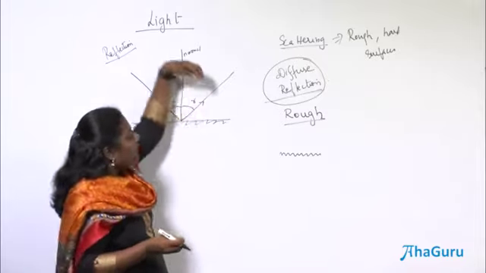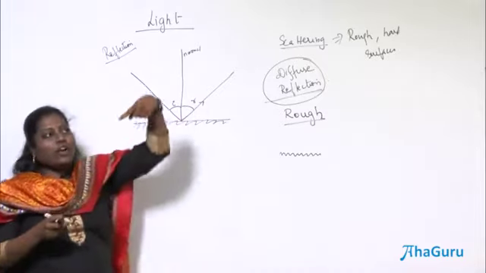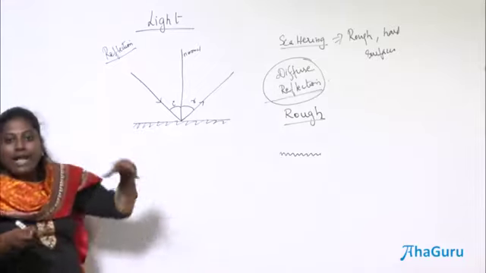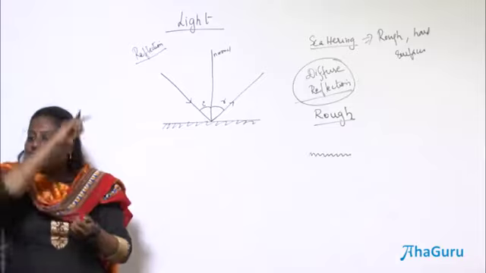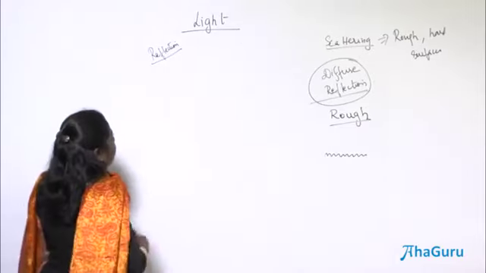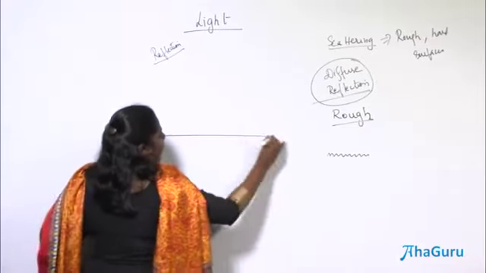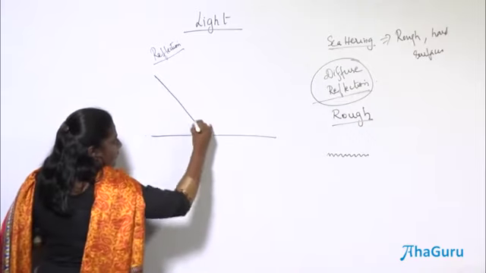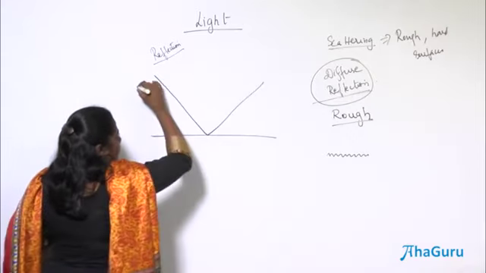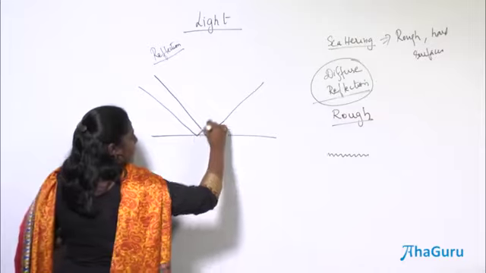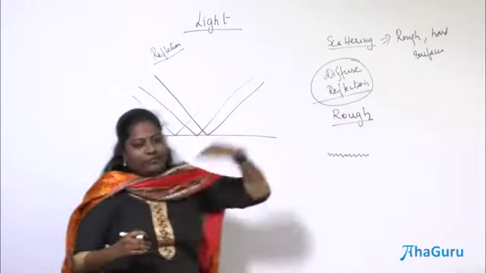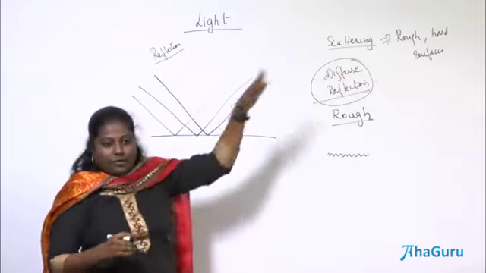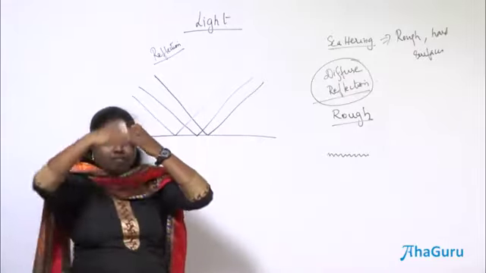When we talk about light, it is not one ray like I showed here. It is a beam of light, and a beam has many rays in it. So if I have 5 rays coming in, all will be reflected as one ray, not as different rays.